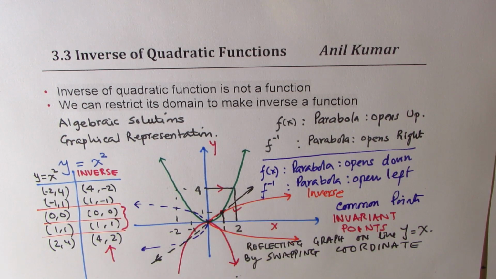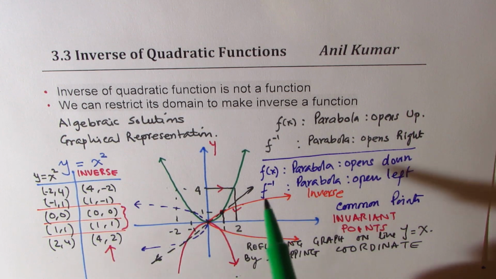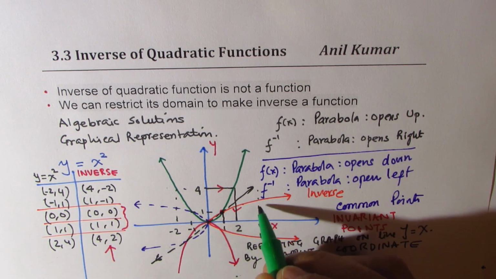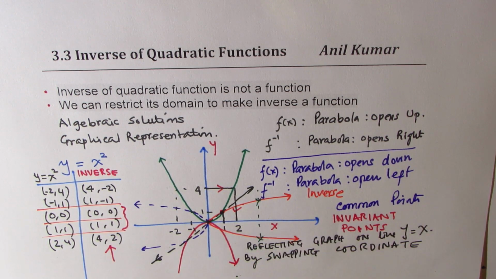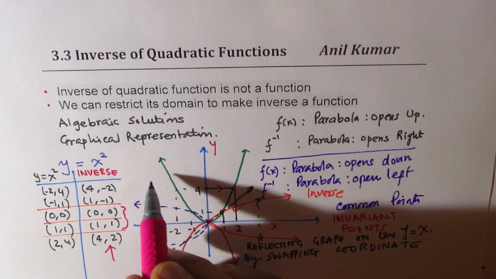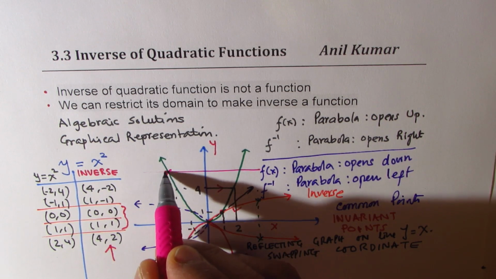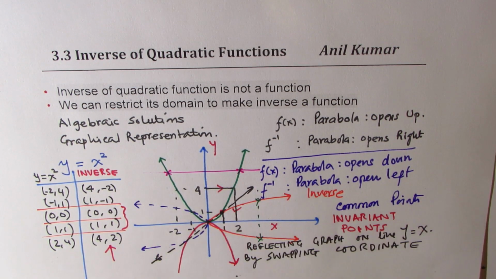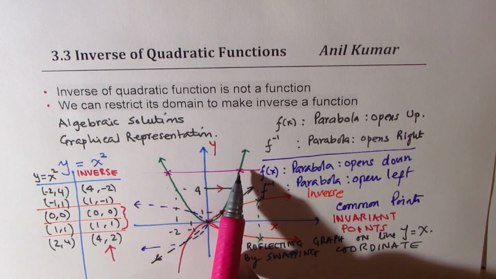And inverse is not a function, since if I draw a vertical line, then the inverse, it crosses at 2 points. If you see the graph of f of x, if I draw a horizontal line, it crosses at 2 points. So from here, by inspection, we can say inverse is not a function.